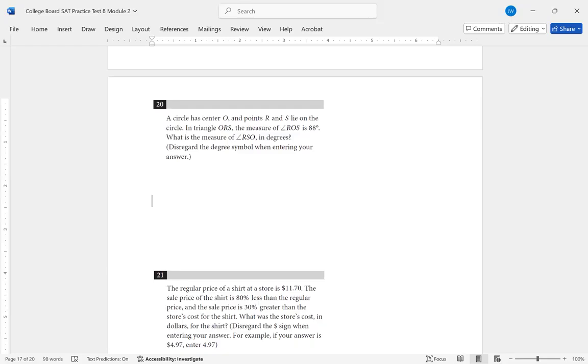whenever I get stuff like this, geometry problems, I like to draw a picture. So I'm going to draw a picture of a circle whose center is O, which has points on it R and S, and then I will look at the triangle ORS, and then I will label ROS as 88 degrees. I'll do all that and then I'll input it into this Word document.